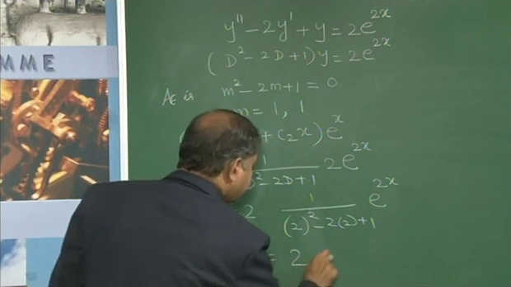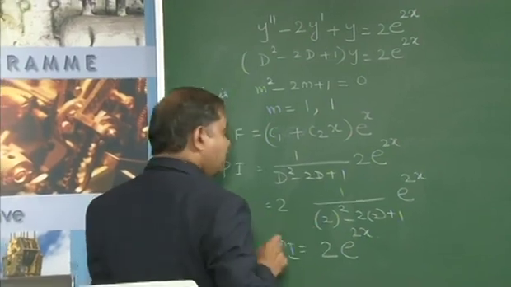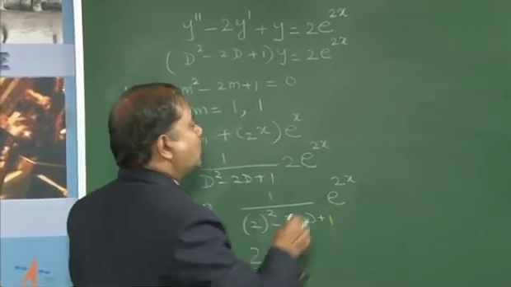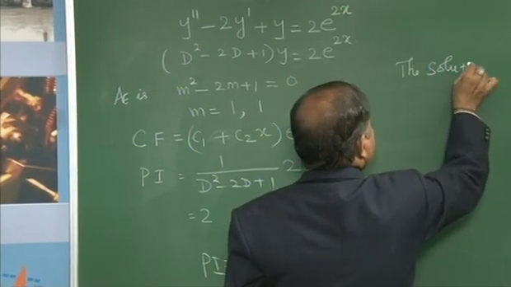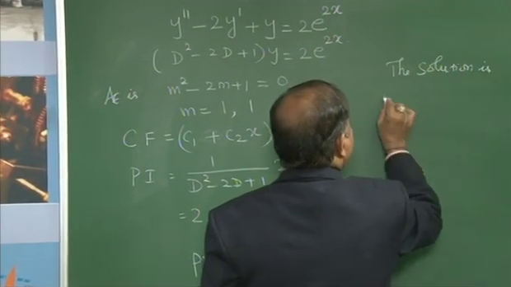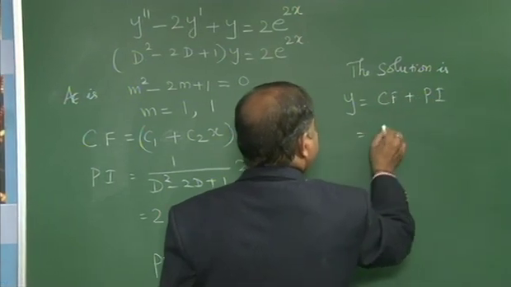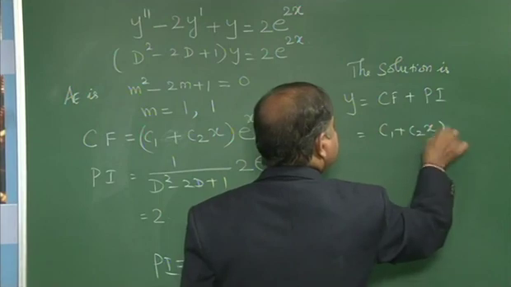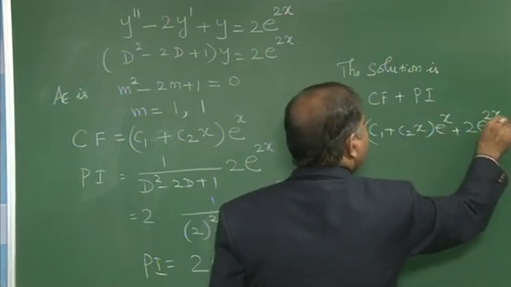So again, PI is also 2 e power 2x. So what is the solution? The solution is y is equal to CF plus PI: (C1 plus C2 x) into e power x plus 2 e power 2x.